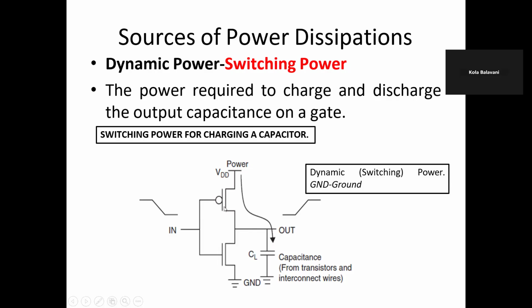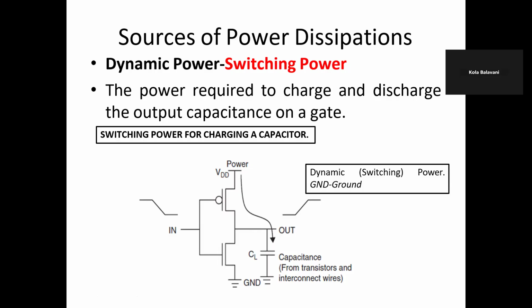The on state device forms the short circuit and the other is the open circuit path. So whenever you apply logic 0, the PMOS is on and the capacitor starts charging from VDD. This is the charging path from VDD to the capacitance at the output side.